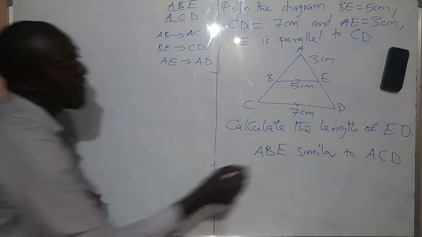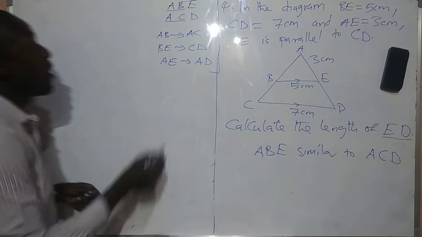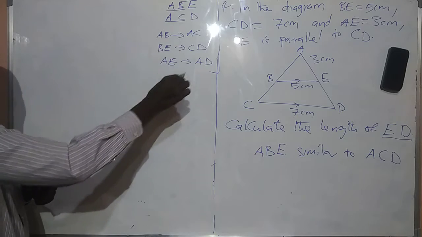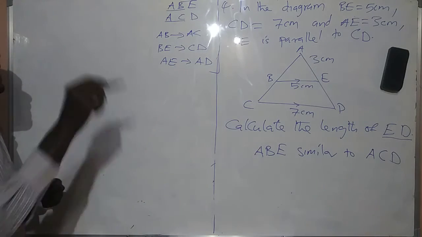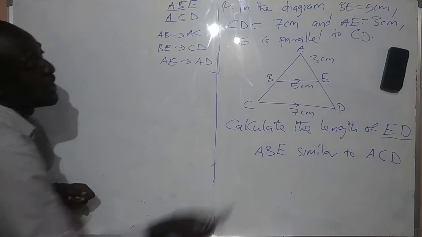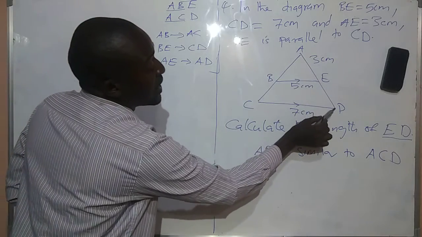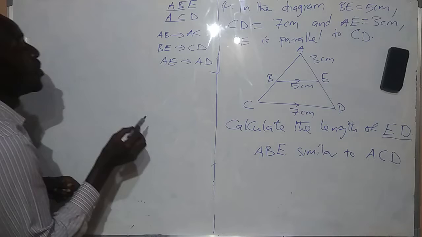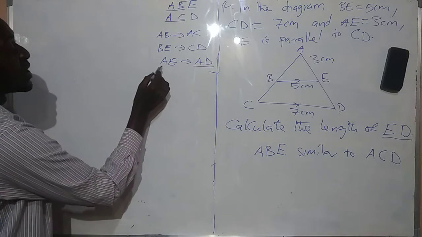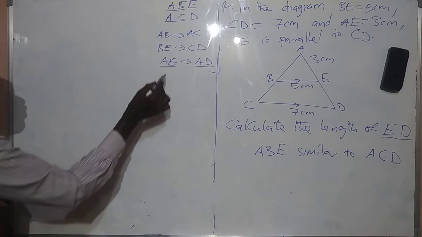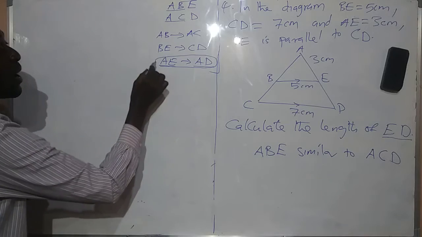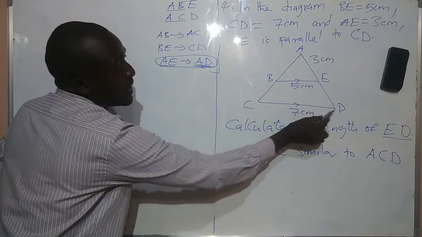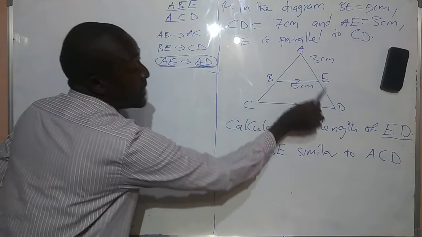So the question says find ED. Now when you look here, there is no ED. So you are going to check on which side you can find ED. So it's on AD. AD is here and it corresponds to AE. So you are going to use this one here. Why? It's because on AD, from A to D, that is where you find ED.